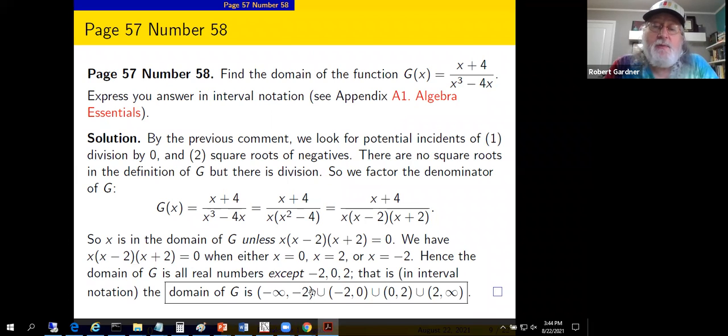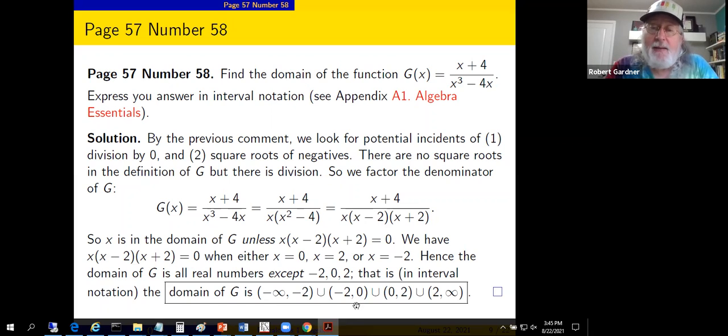Remember, we use the parentheses to indicate open intervals. Again, if this is a problem, look at the review sections on intervals and the videos posted that cover those sections. But this is how we'll go through and remove -2. This includes all numbers strictly less than -2. This includes numbers strictly between -2 and 0.